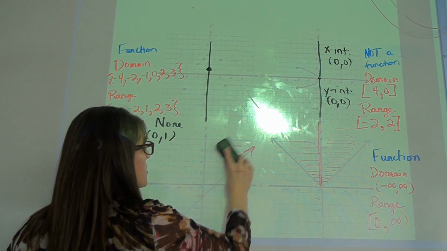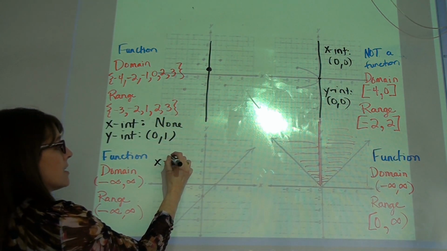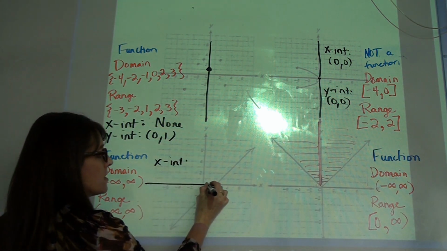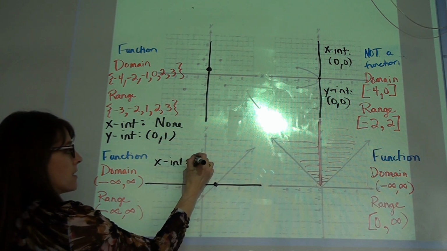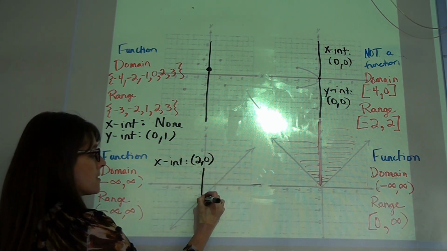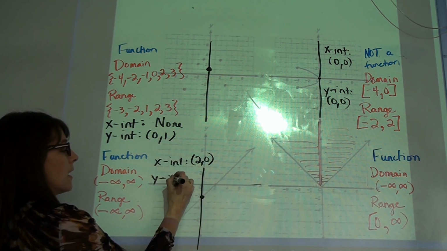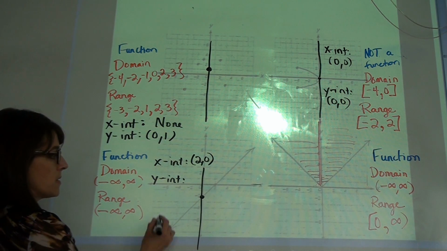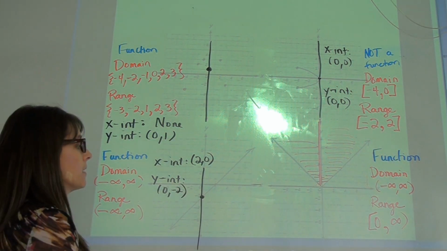So now let's take a look at this graph down here and identify its x and y intercepts. For its x-intercept, where is it crossing this axis? Right here at that point, which is identified as 2, 0. And now here is my y-axis. Where is it crossing this axis? Right down here at the point 0, negative 2. So there's my y-intercept.